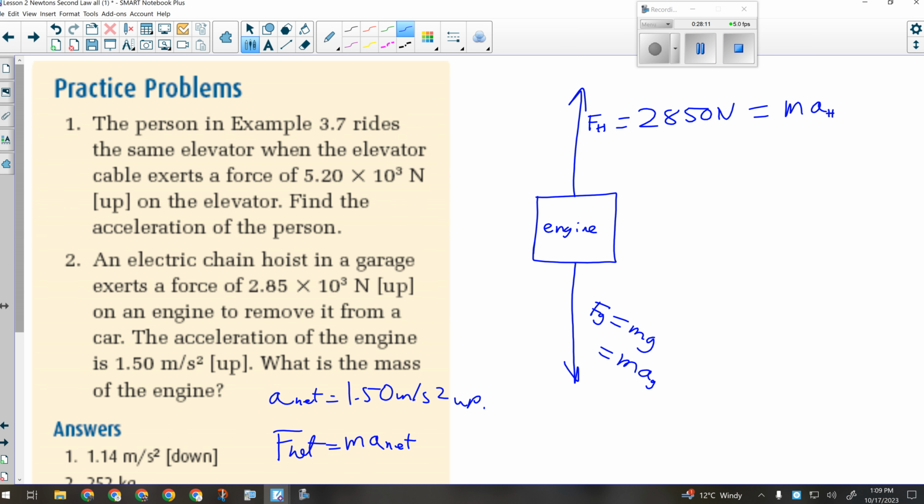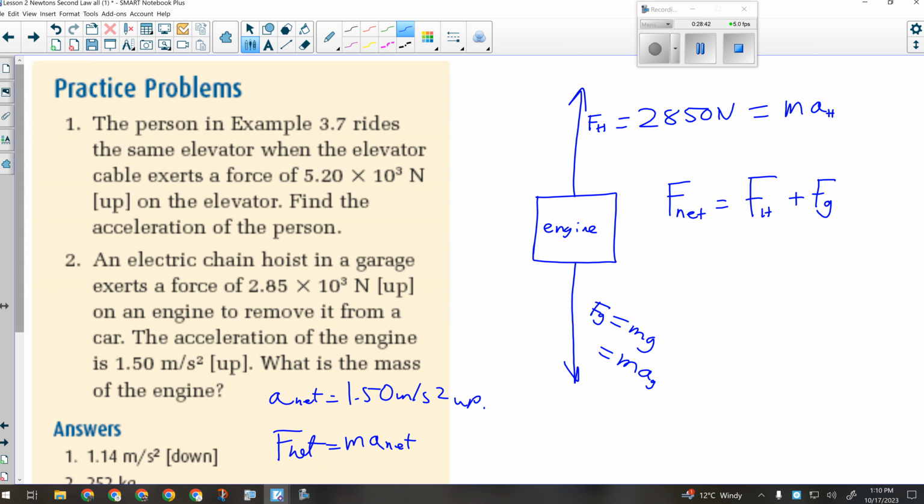So if I look at this from a sum of all forces standpoint, I would have this. Would you agree? There's only two forces in this question, the force from the hoist and the force of gravity. They add up to the net force. Everyone all right with that? Well, we've already established I have no way to use that formula because I don't know the mass.